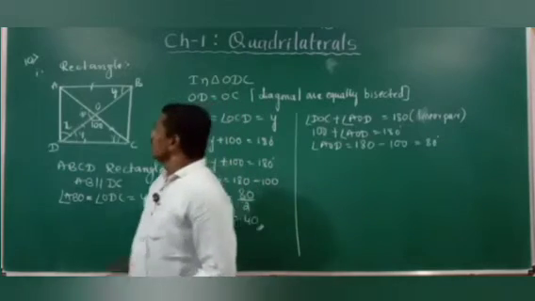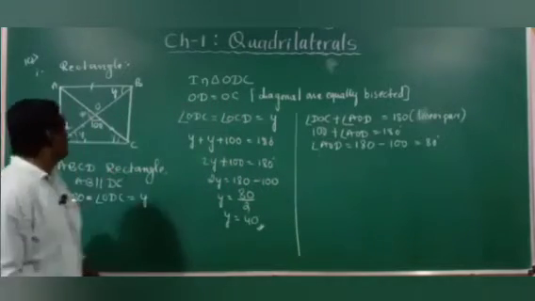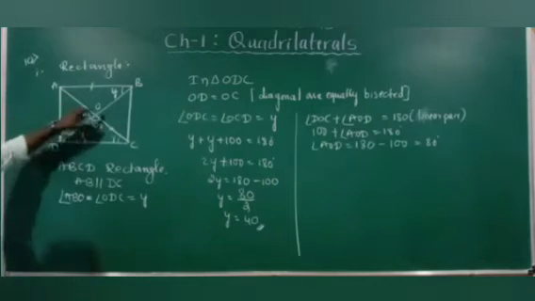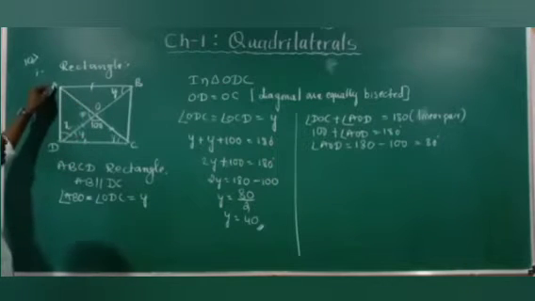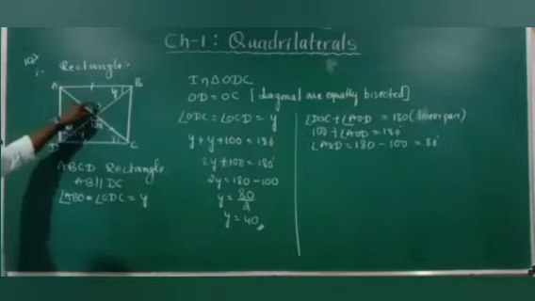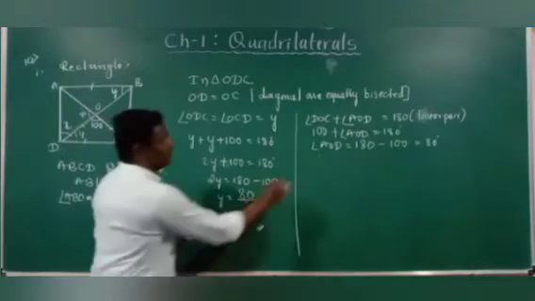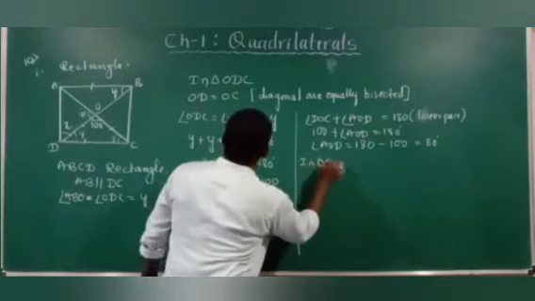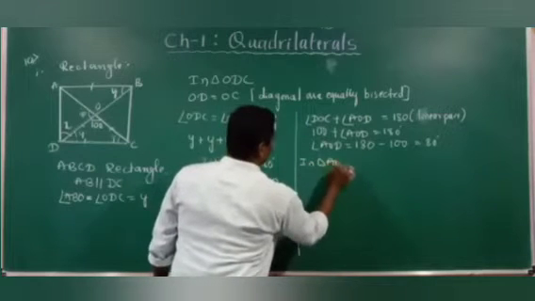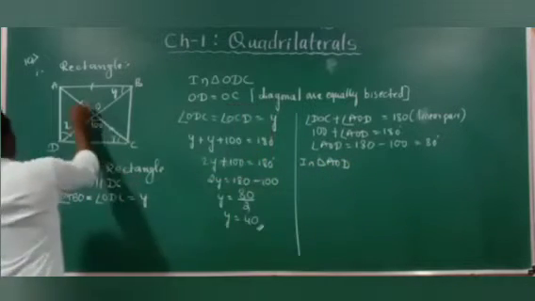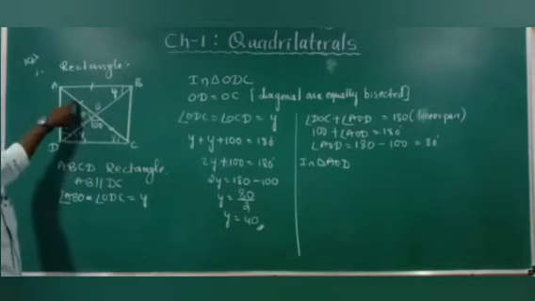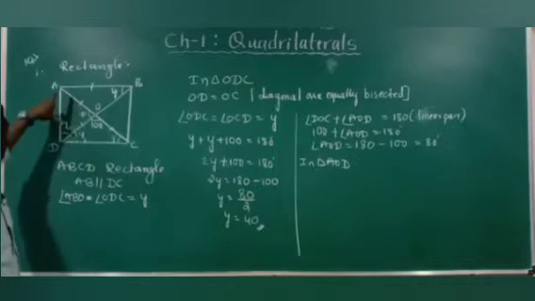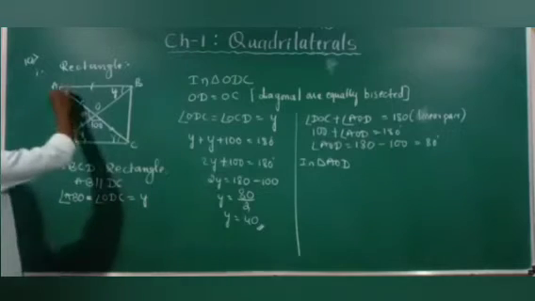So this angle now becomes equal to 80 degree. Right? If this angle is 80 degree, again in triangle AOD, the diagonals are equally bisected, therefore their corresponding angles are also equal.